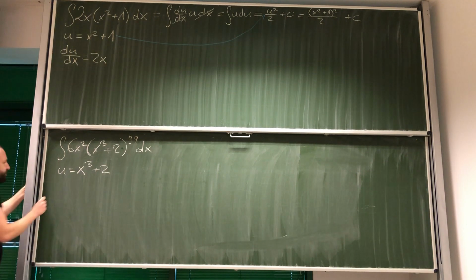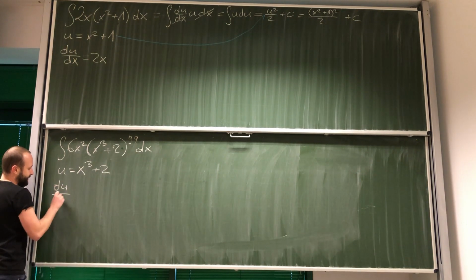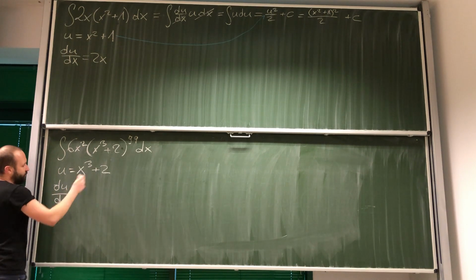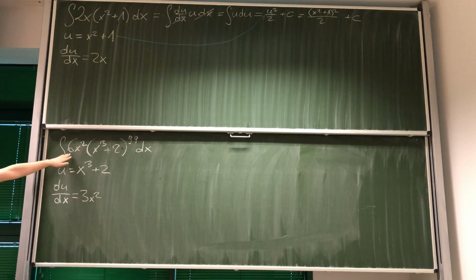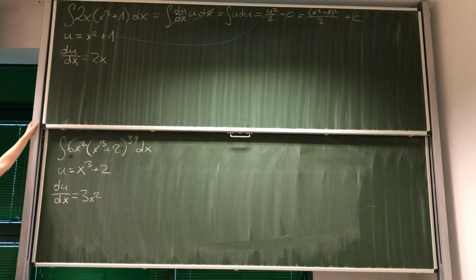Okay, then du dx, so the derivative of u with respect to x, is 3x squared. Do we have it over here? No. So this is problematic. Can we deal with this? Of course. Look, we need to use the rule about the integral of a multiple, and we know that we can take any constant out of the integral.